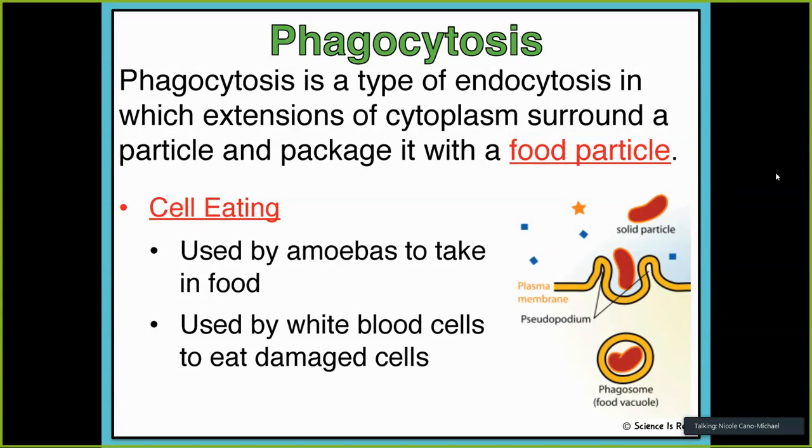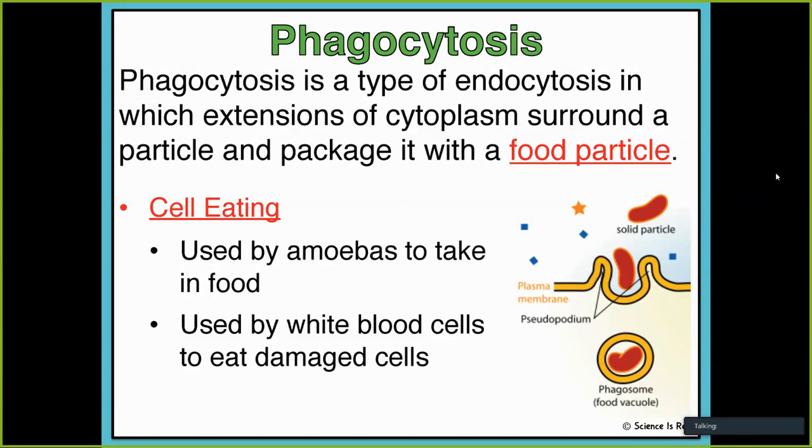It'll change the shape of the cell membrane into almost a pseudopod, and it will swallow in that food particle in a vacuole. So phagocytosis is endocytosis involving food. Basically, like I said, it's how your cells eat.